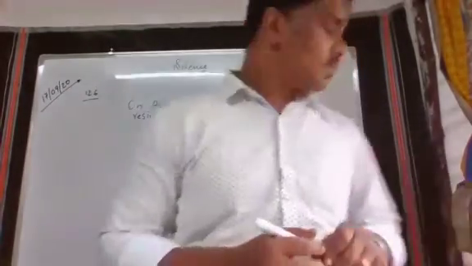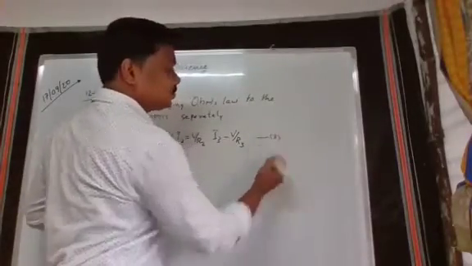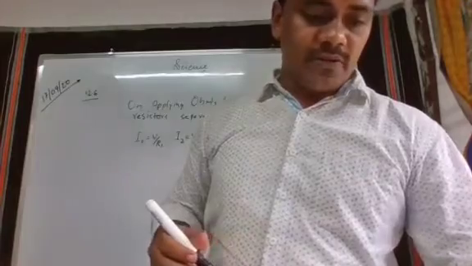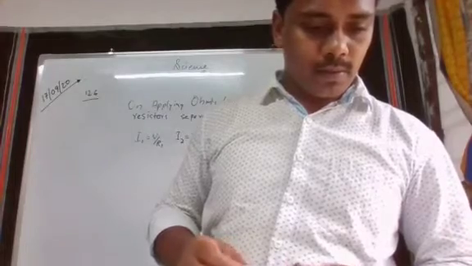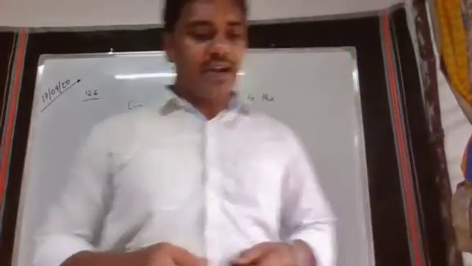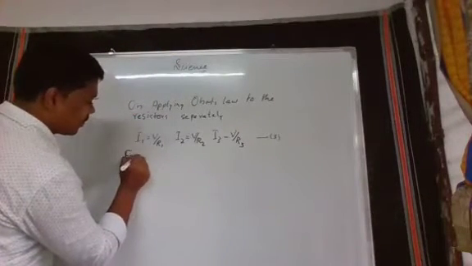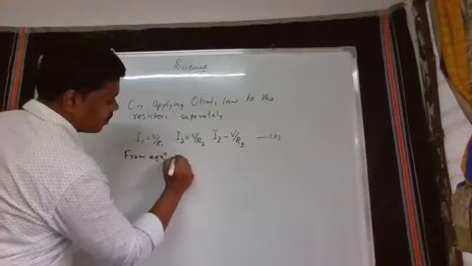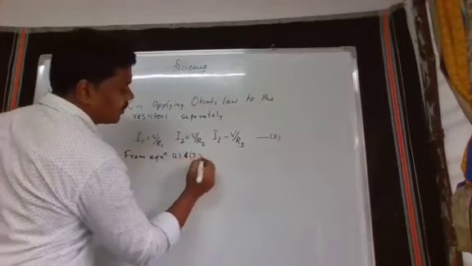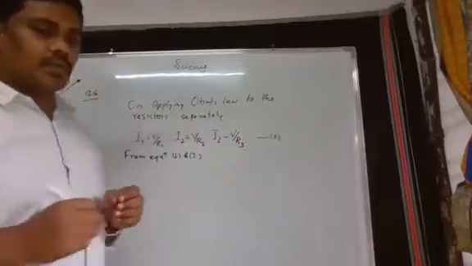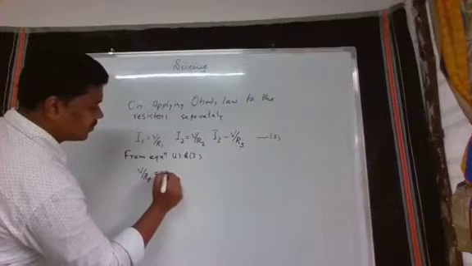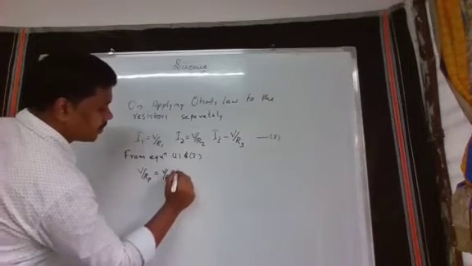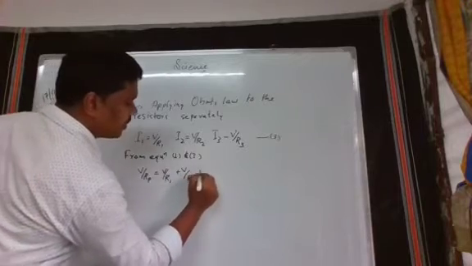So equation 3. And from equation 1 and 3 we get V by Rp is equal to V by R1 plus V by R2 plus V by R3.